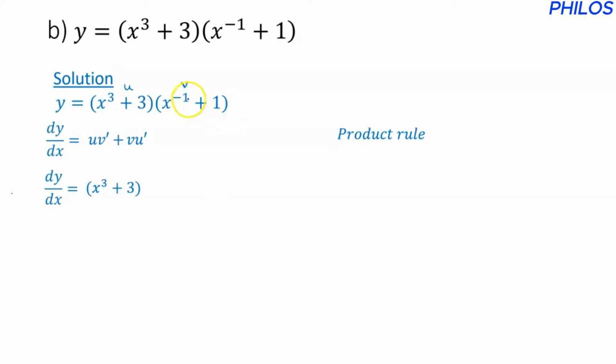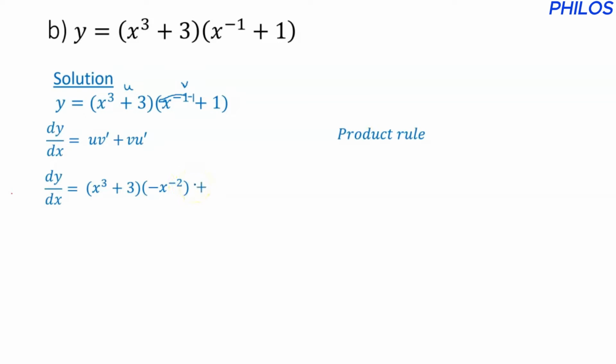So to do that, we use this exponent of negative 1 to multiply the x, then we subtract 1 from the exponent. And when you differentiate a constant 1, it must be 0. So for that matter, v prime will be negative 1 x exponent negative 2, because negative 1 minus 1 at the exponent will give you negative 2. So that makes it negative x exponent negative 2.